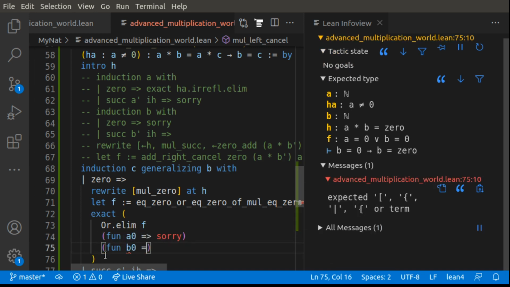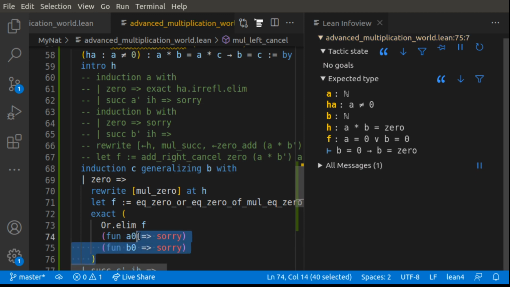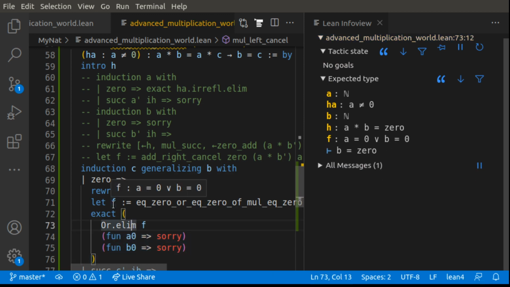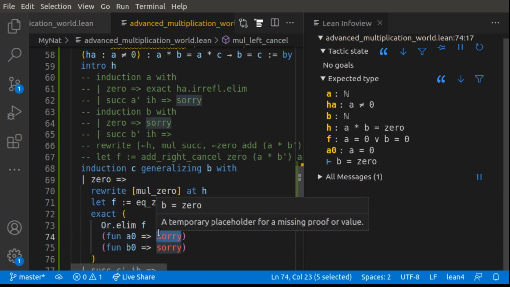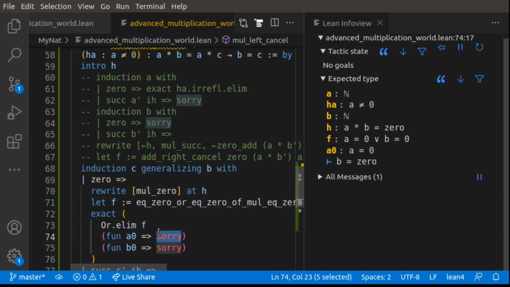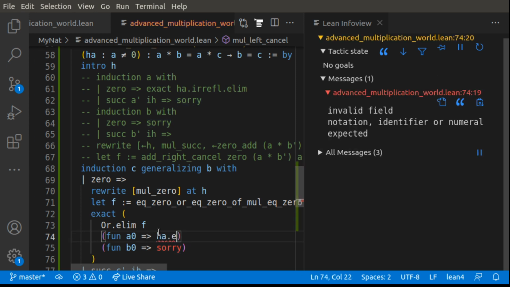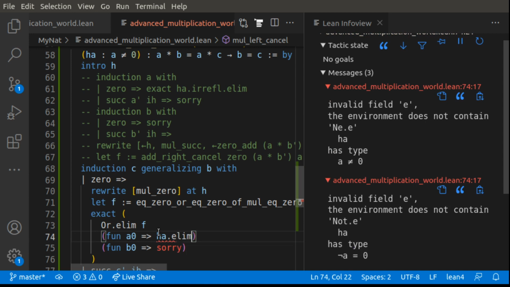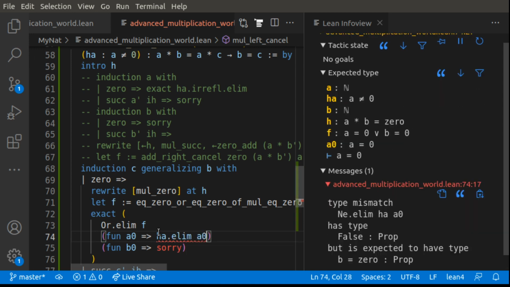Function b0 2. Sorry. Okay, so we know that this means a equals 0 or b equals 0. ha dot elim a0.